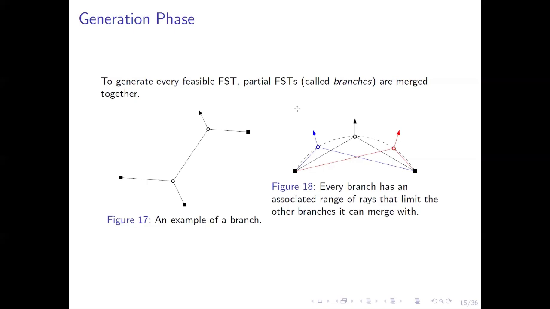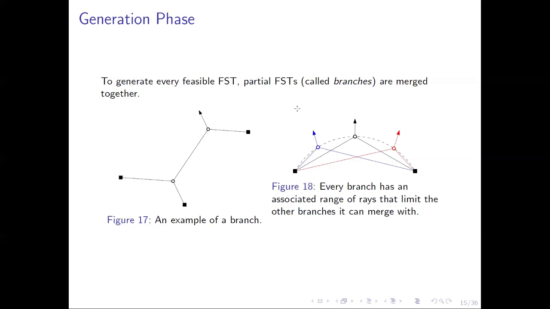Here's an example of a branch. It looks similar to an FST that I've shown you, except it has a ray coming out of a vertex. I've shown a single ray here, but in fact, you're dealing with a range of rays, and these show you the direction in which you can merge these branches to generate these FSTs.